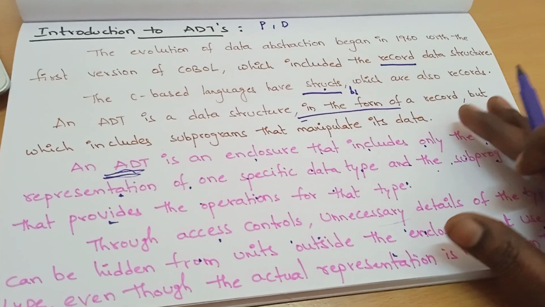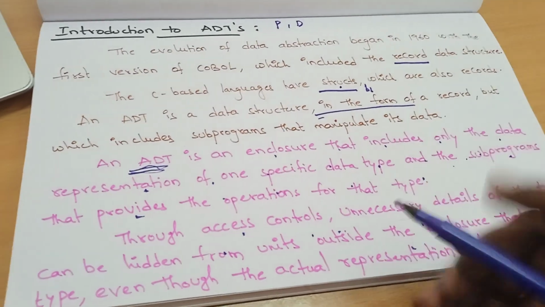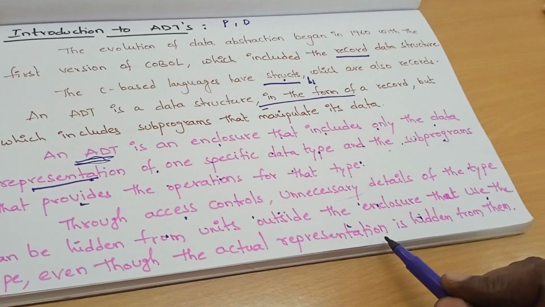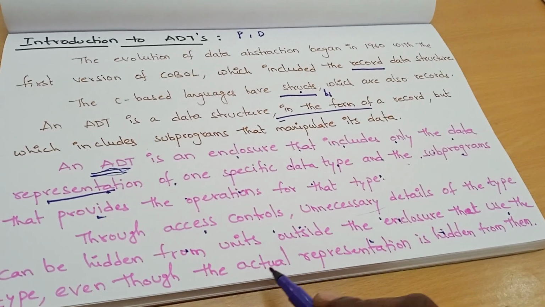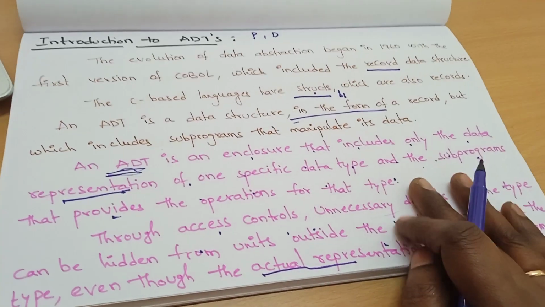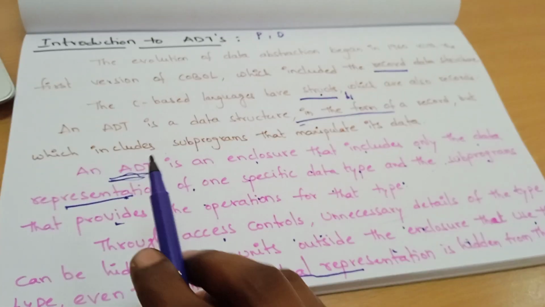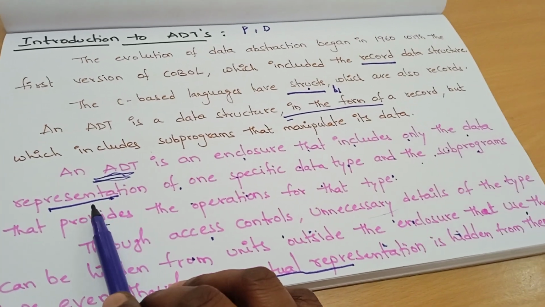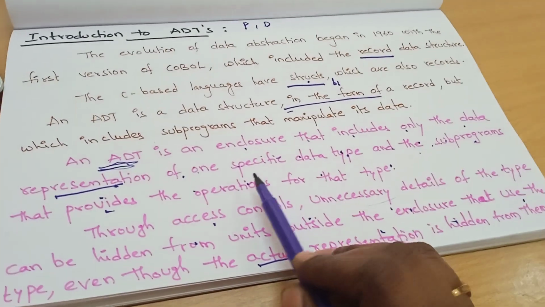We'll see an example of the syntactical ADT definition. Understand two things here. One is representation, and the second is implementation. Generally we talk about these two things in ADTs. So we take an ADT where we give the data representation of one specific data type and the operations it performs.